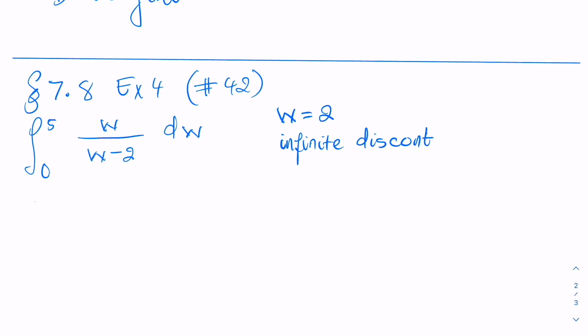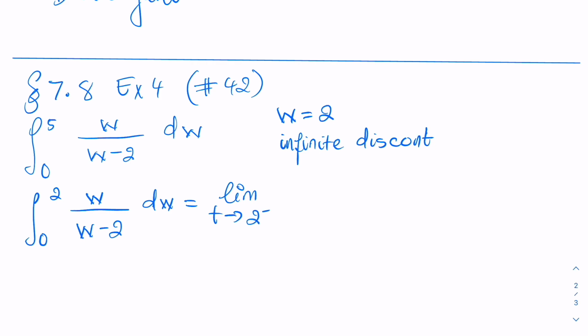So we're going to have to rewrite from 0 to 2, w over w minus 2 dw, which is going to turn into the limit as t goes to 2 from the left, from 0 to t, the integral of 1 plus 2 over w minus 2 dw.